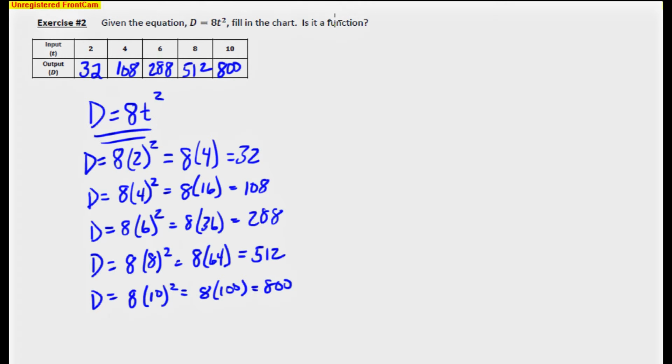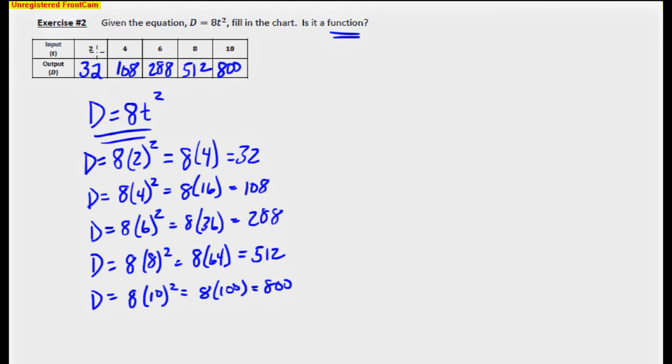All right, now the key is, what is it? Is it a function or not? All right, and this is the same thing we just got done doing in the previous example. We take each one of the inputs, and every input that we have should only map to one specific output.